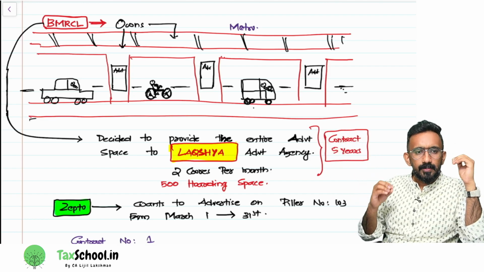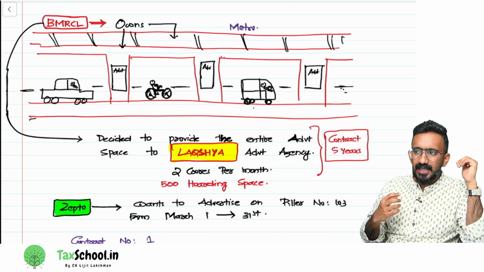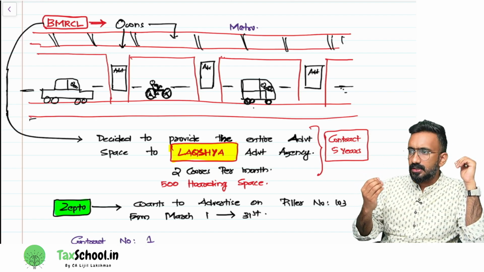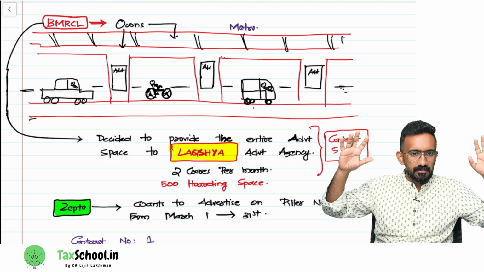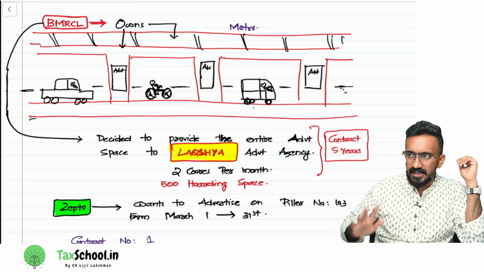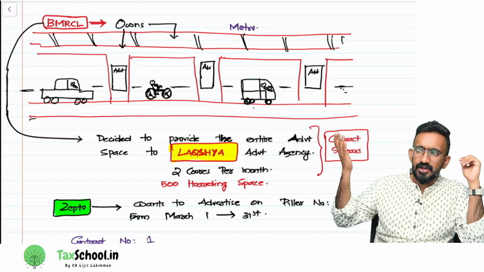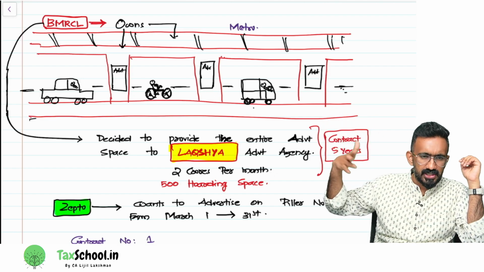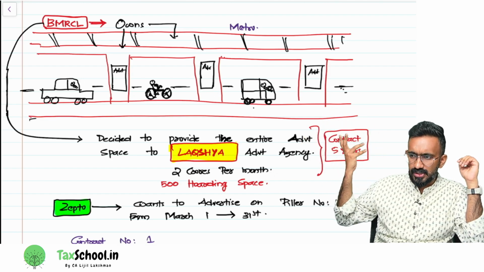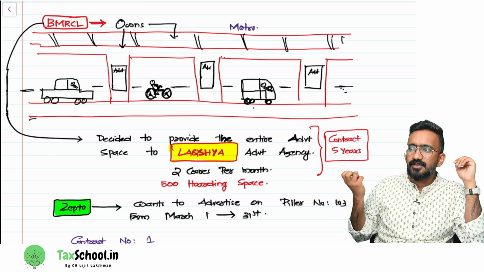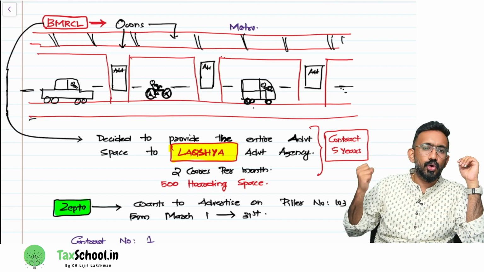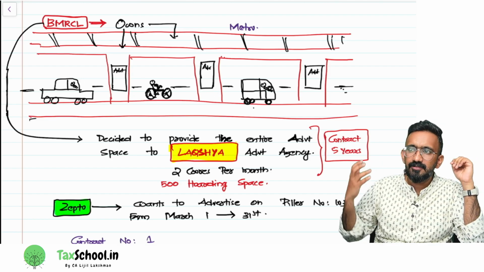Normally how it works is that the metro company has given an advertisement contract to an agency. For every place where metro wants to advertise, one single contract is given, say in Bangalore, to Lakshya. In Hyderabad also, it's given to an advertisement agency called Lakshya. Say Lakshya has taken a 5-year contract for 2 crore a month for 500 hoardings from BMRCL.